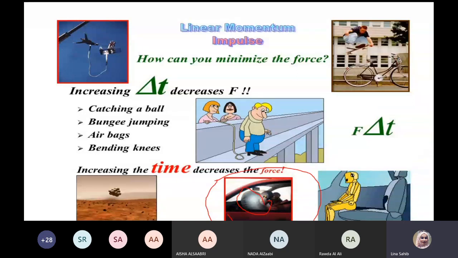It's like a cushion of air which gives your head more time to hit the steering wheel. Instead of hitting the steering wheel in 1 or 2 seconds, it will take you maybe 7 or 10 seconds, which keeps your head safe because it's reducing the force.